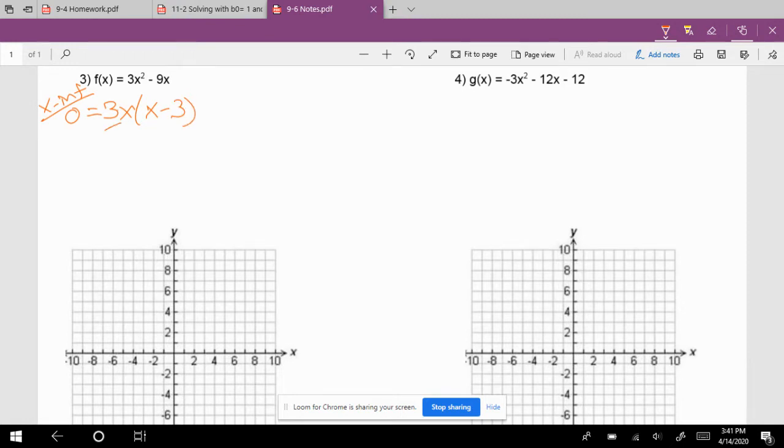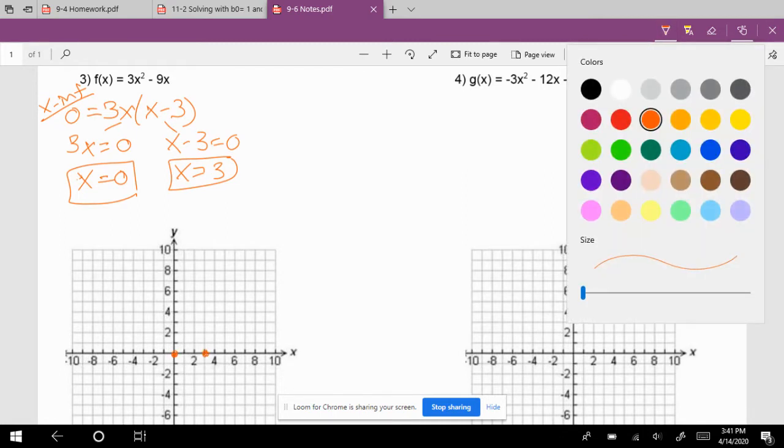So because that GCF did have a variable, we would set it equal to 0, and we would get x equals 0, and x equals 3. So I would plot those. All right, so next is my y-intercept.